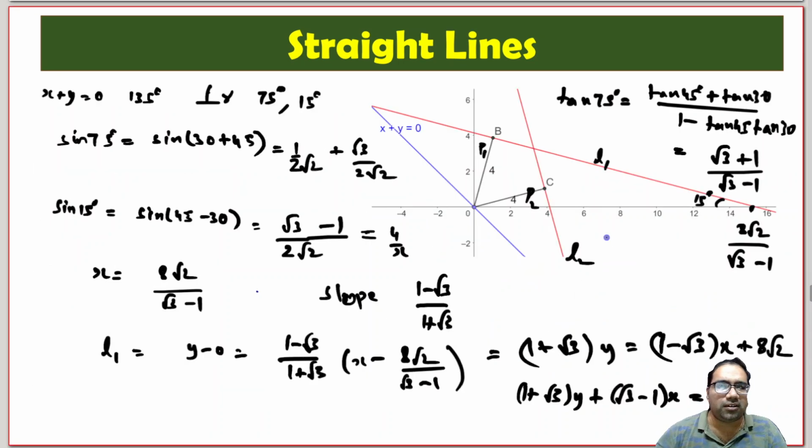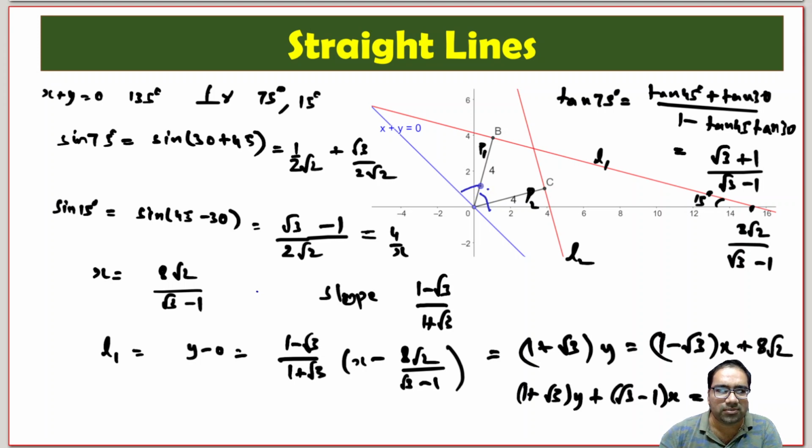So for example, it looks like this is the origin and x plus y equals 0 is this line. Then OB is one perpendicular, this is of 4 units length, and OC is another perpendicular which is of 4 units length. If OB is the perpendicular, then this angle is 75 degrees, right?